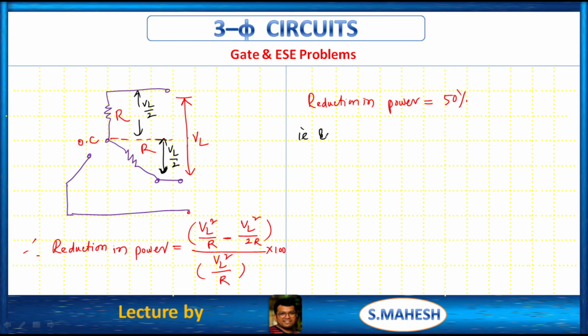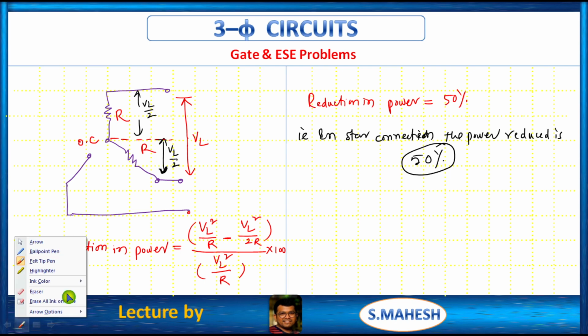That is, in star connection the power reduced is 50%.